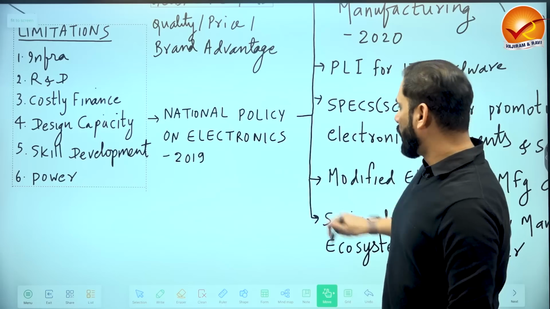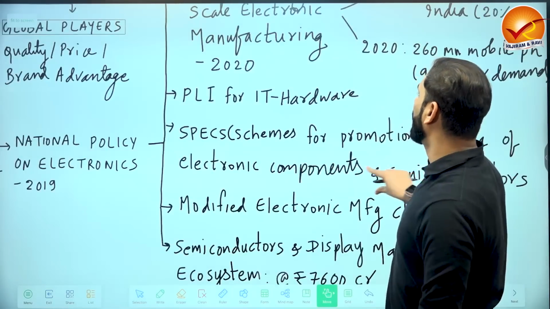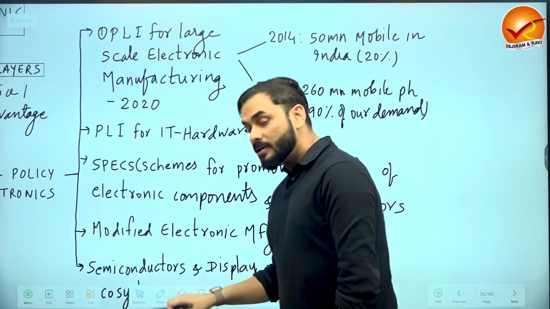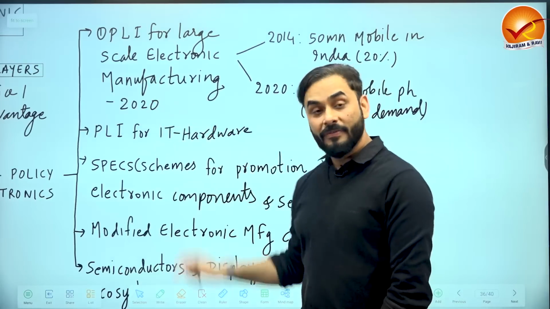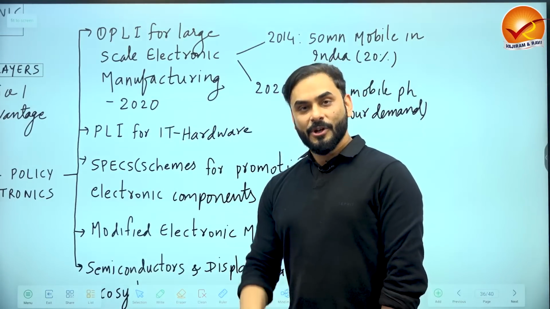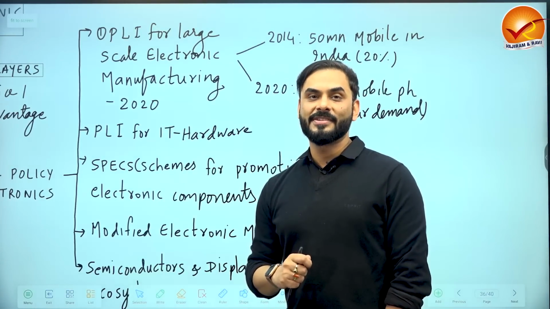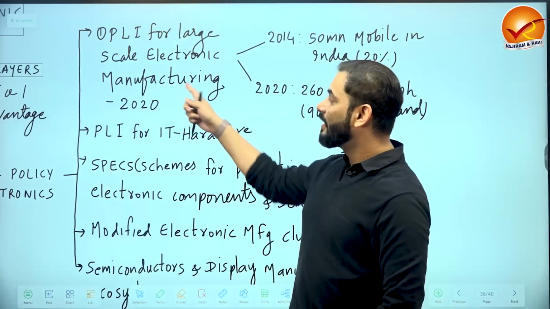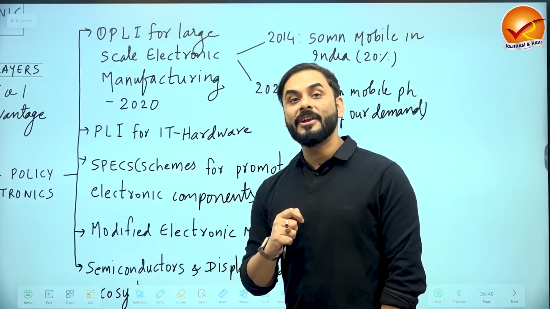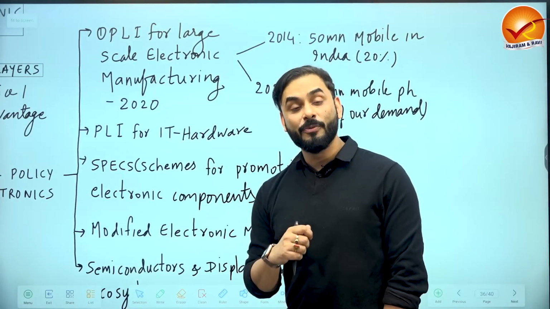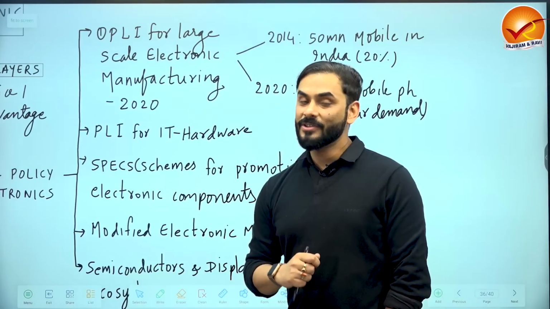Under this National Policy on Electronics, you see that Government of India launched a production linked incentive for large scale electronic manufacturing in 2020. So we launched a scheme called production linked incentives for large scale electronic manufacturing. Now what did we do inside it? We tried to give a lot of incentive to mobile phone manufacturers in India. What was the result?